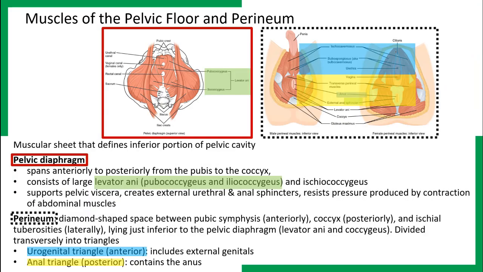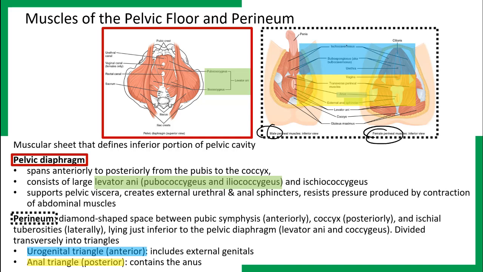When we move to the next slide, this is further down below. So these are muscles of the floor and the perineum, right? So the pelvic floor also has a diaphragm. And the pelvic floor diaphragm you can see here in both the male and the female.